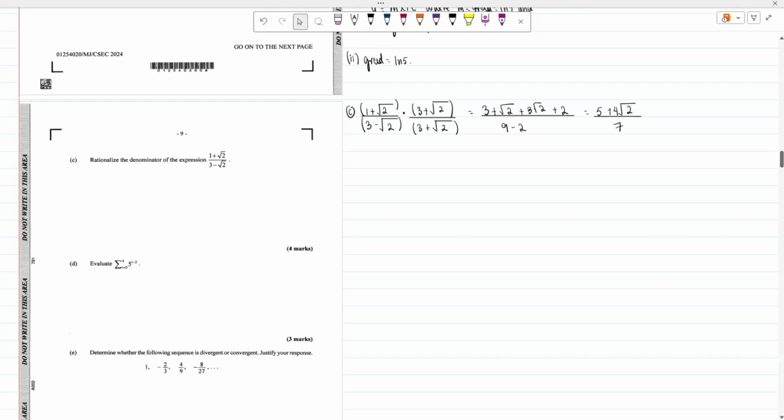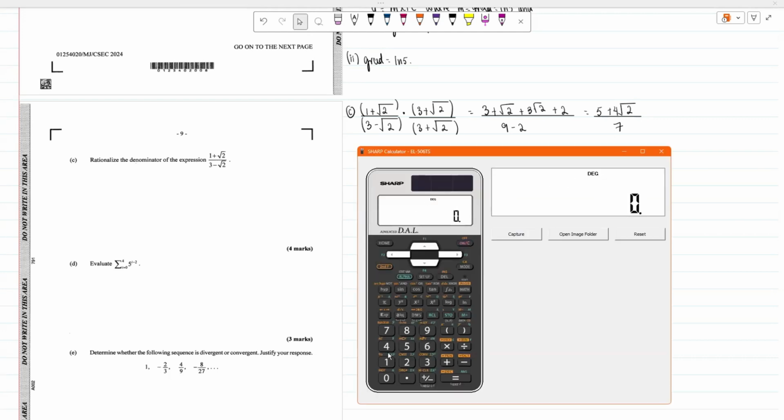Now, how am I checking this to see if this is correct? Rationalization, all it does is change how the expression looks. It doesn't change the value of it. I wonder, what is 1 plus root 2 divided by 3 take away root 2?